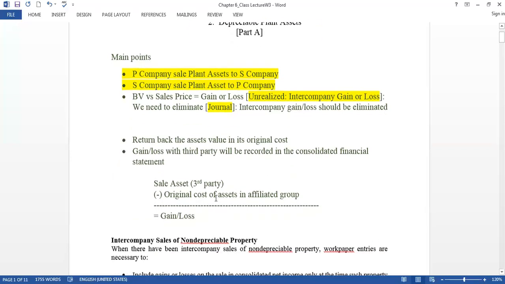But we have something called realized gain or loss. So when is it called realized gain or loss?